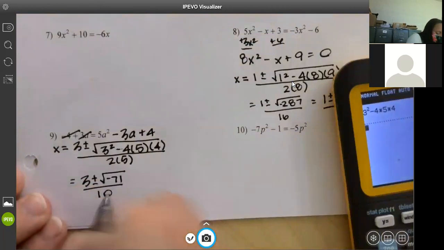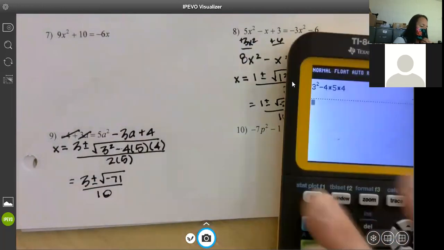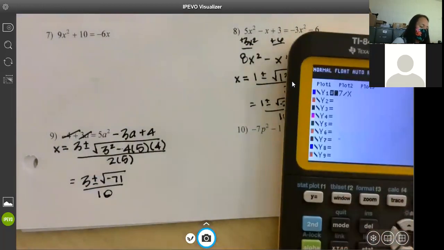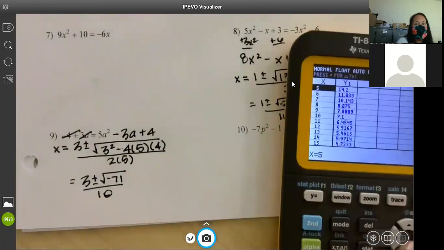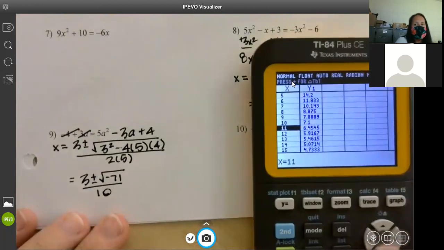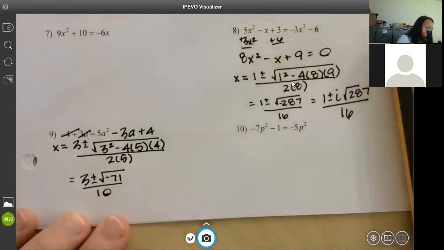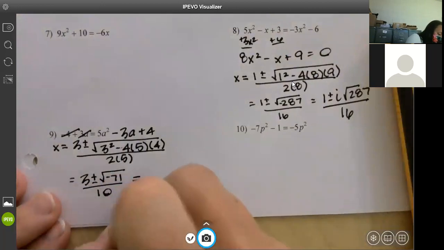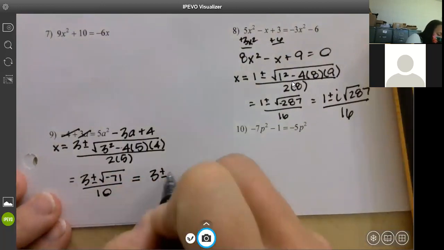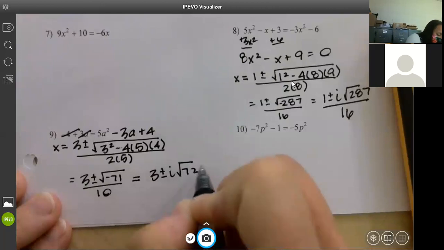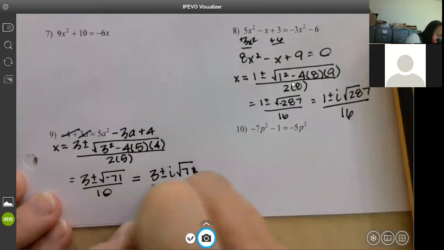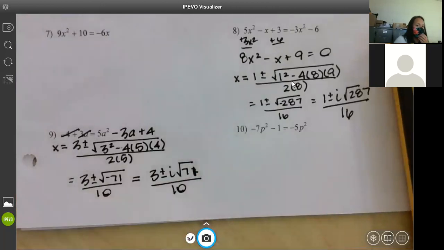Two times 5 is 10. Will 71 break down? Remember, you can check that in your table, and there's nothing. So the only thing I have to do from here is take out the i: square root of 71 over 10. Any questions on quadratic formula?